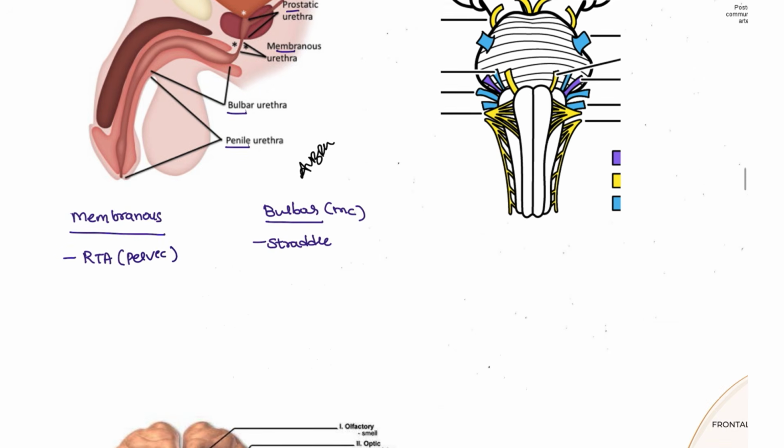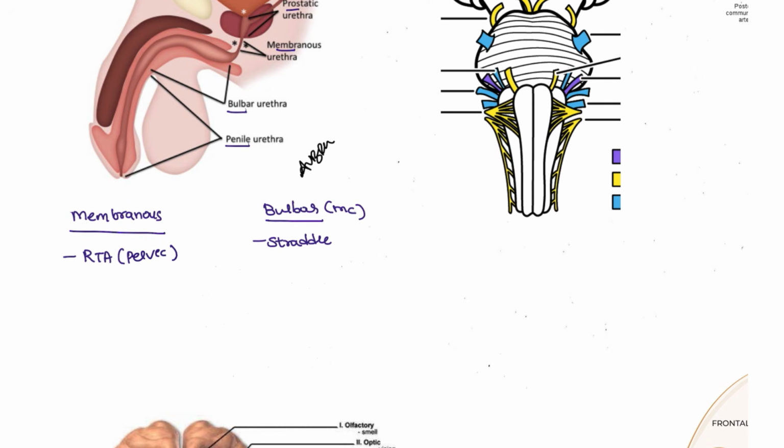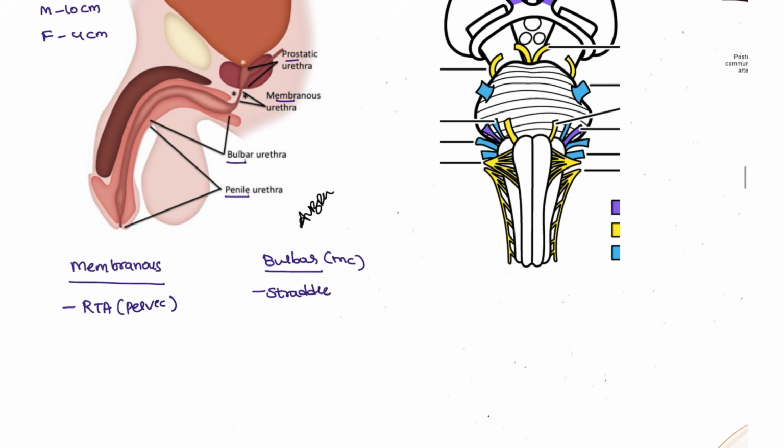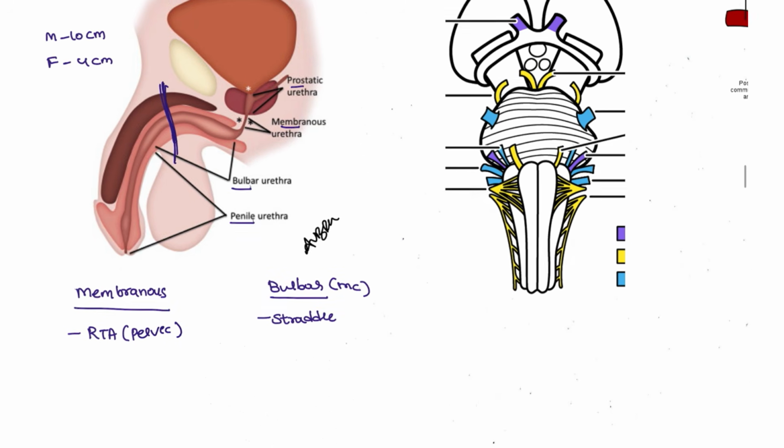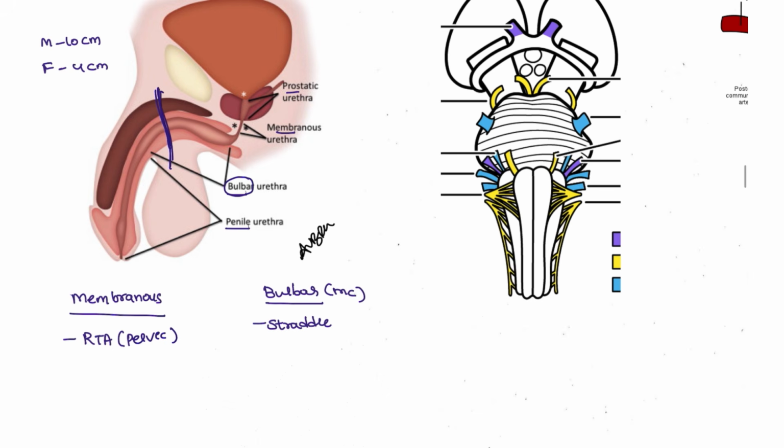In straddle injuries, what happens whenever there is damage to the bulbar urethra? It can be a minor tear or a complete tear. If it is a complete tear of the bulbar urethra, please look here. If the urethra is damaged here, where is it going to extravasate? It will go into the scrotum, into the penis, into the anterior abdominal wall, and here there is the superficial pouch.